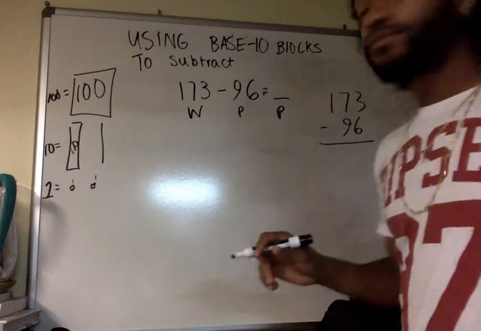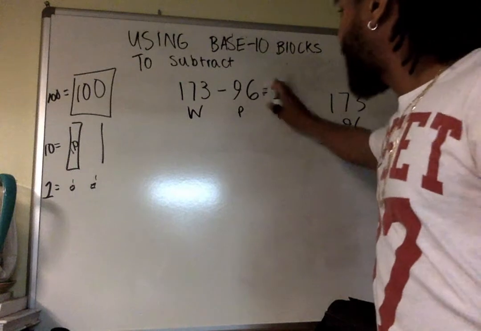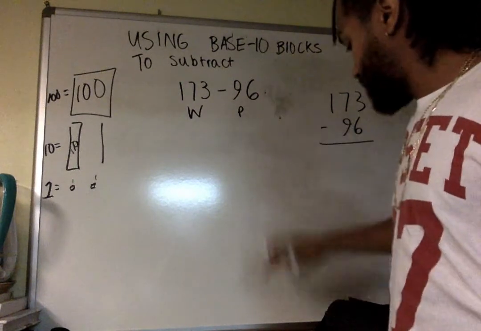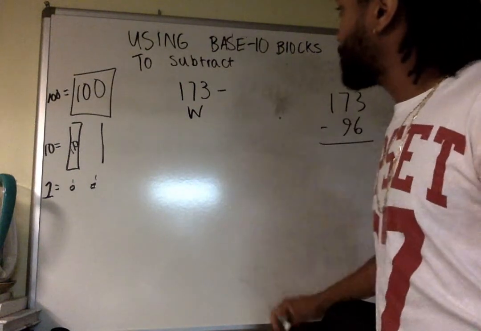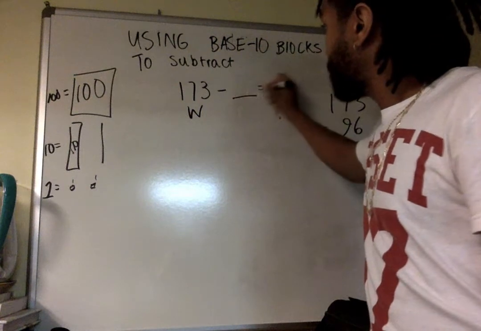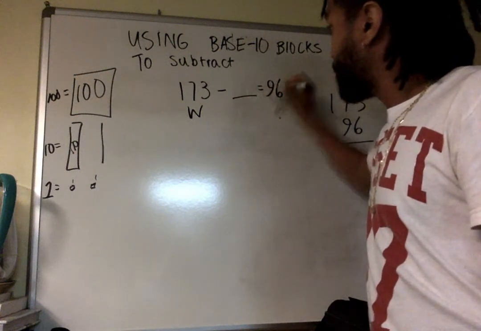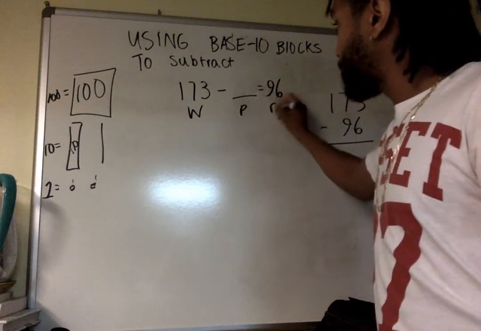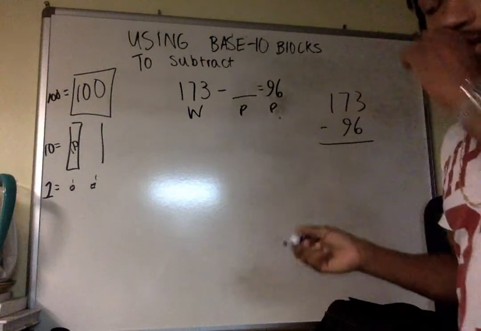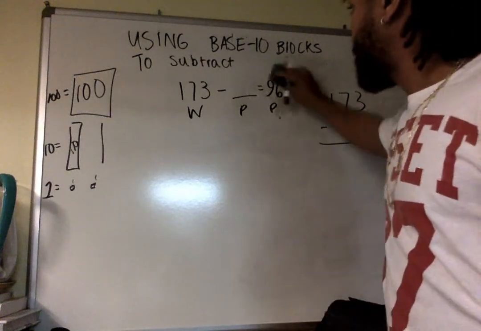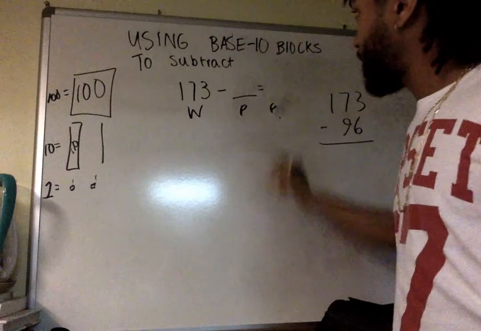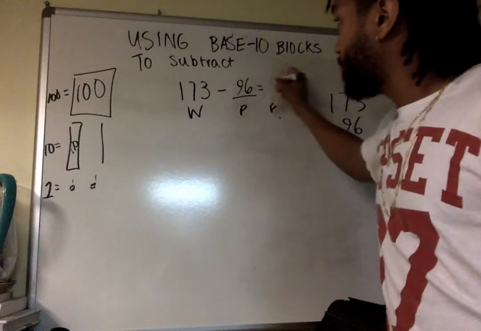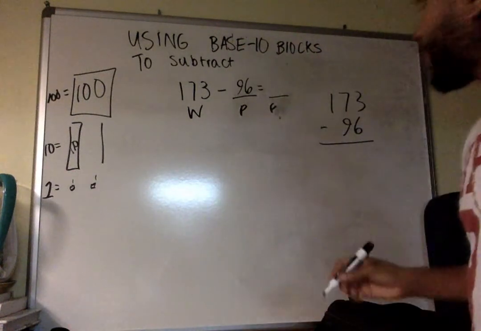All right? And it doesn't really matter, because your equation could look like this as well. This is still a part, and this is still a part. But we're just going to put the 96. You could swap them in and out. So we'll put the 96 back over here just to not confuse anybody.